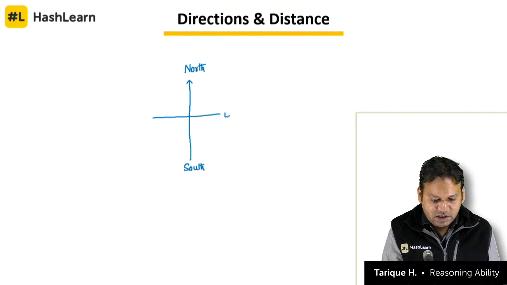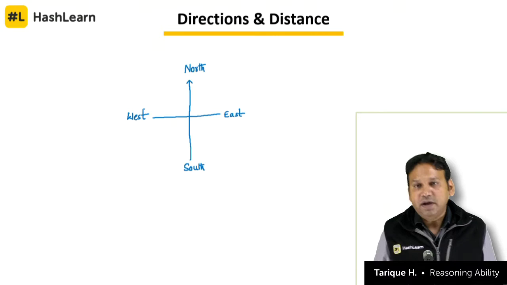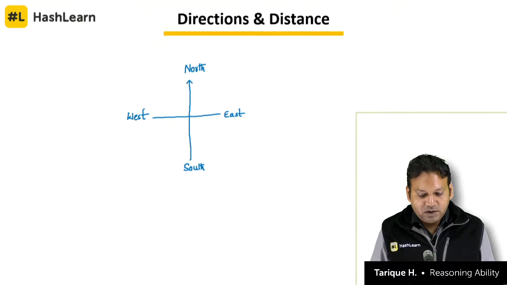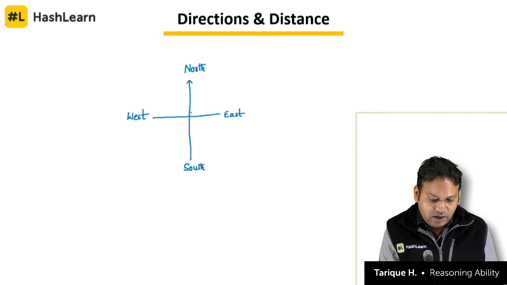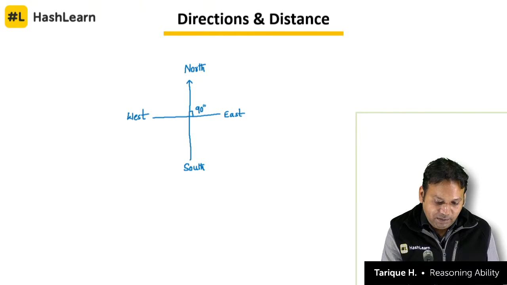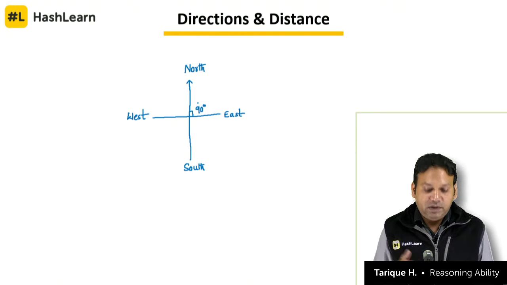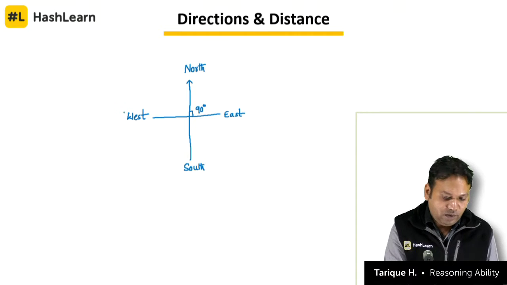These are our principal directions, and I'm sure you all understand this, right? So there are 4 cardinal directions: north, south, east and west, and the angle between any 2 of these is always 90 degrees. Sometimes angle-based questions also come in exams, so we should understand the meaning of angles. North, south, east and west are the 4 core directions that you have.